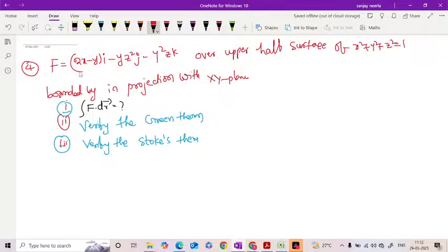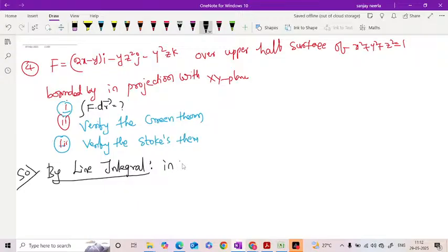Okay, now come to the first one. Now by using the line integral, we will solve. Although it is clearly given in the xy plane, in the xy plane means the projection on the xy plane.